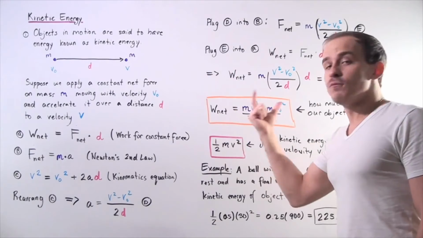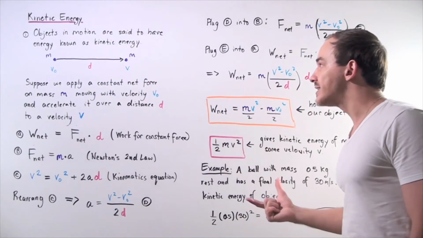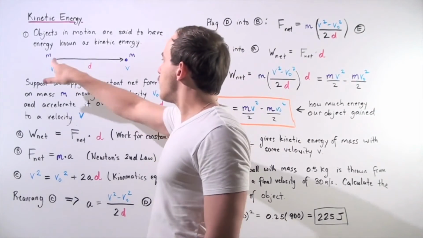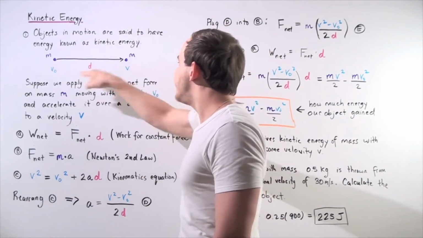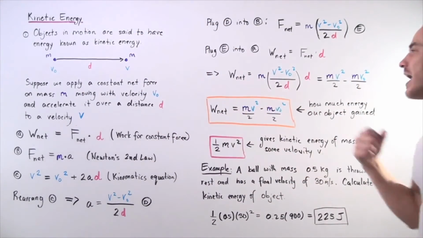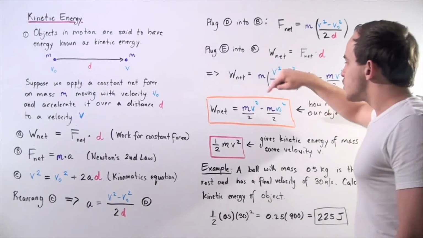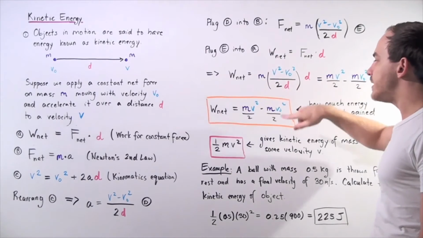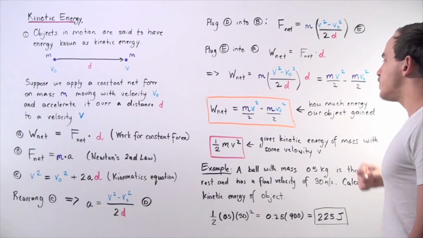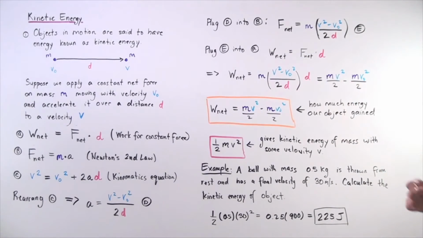So, the net work done on our object as we move the mass from this initial position to this final position over a distance d is given by the following equation. So, mass multiplied by v final squared divided by 2 minus mass multiplied by v initial squared divided by 2.